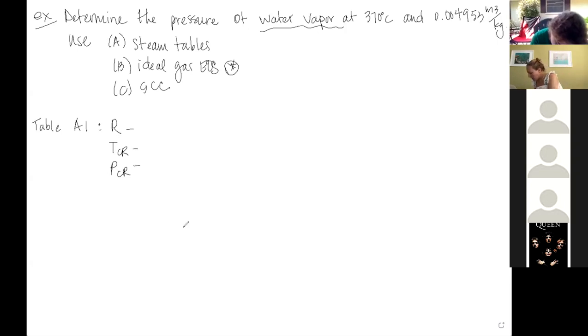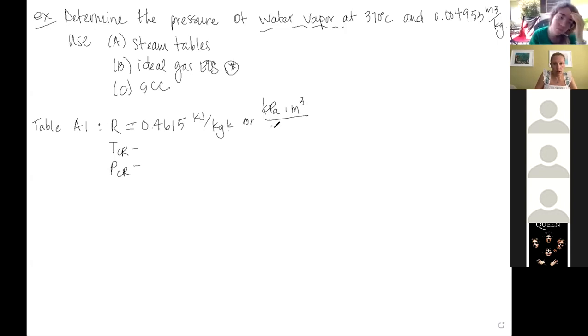So in table A1, we have our R value for water, which is 0.4615 kilojoules per kilogram Kelvin, or kilopascal cubic meter per kilogram Kelvin.